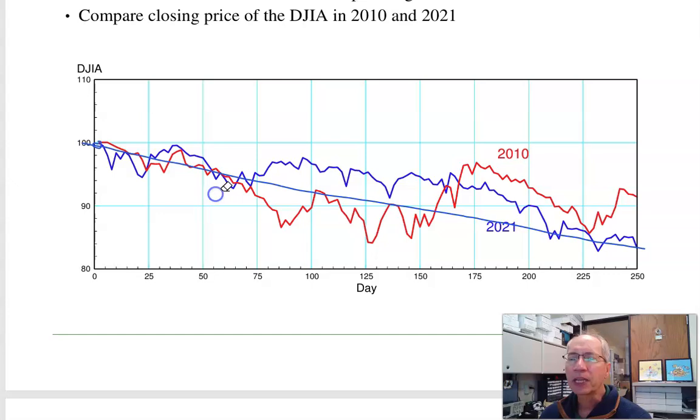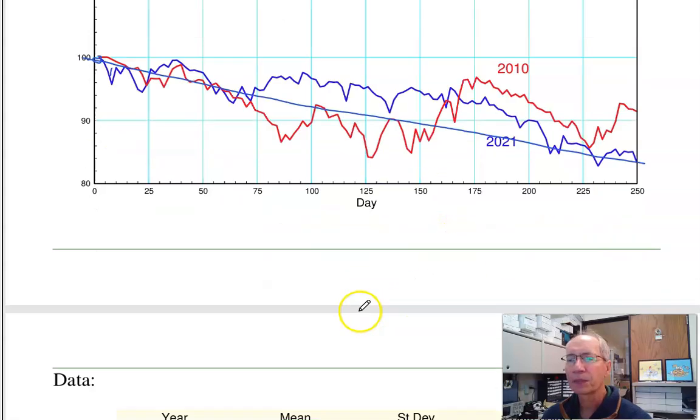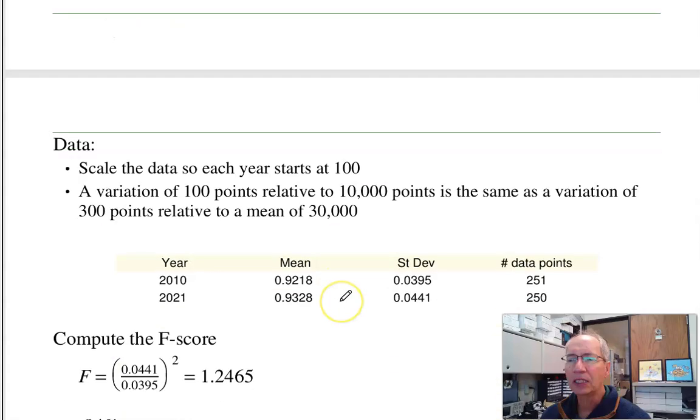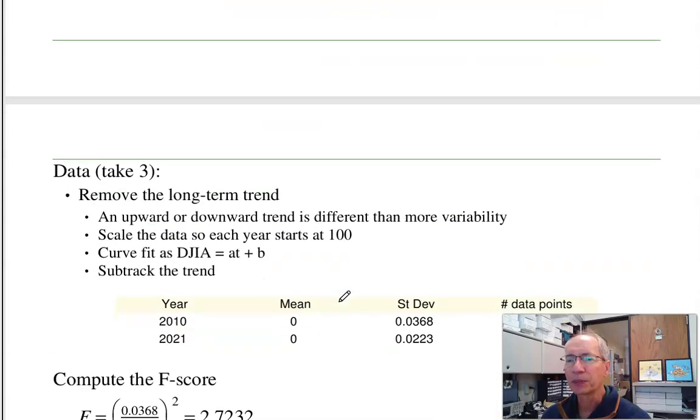One way to take that into account is let's do a linear curve fit. Let's do a linear curve fit for 2021, linear curve fit for 2010, subtract out that line, and we'll have the deviation relative to that curve fit. So I'm looking at the blue line relative to a straight line. Is that more variable?